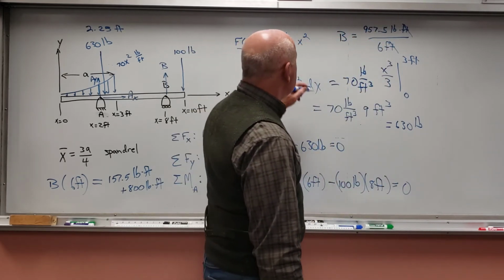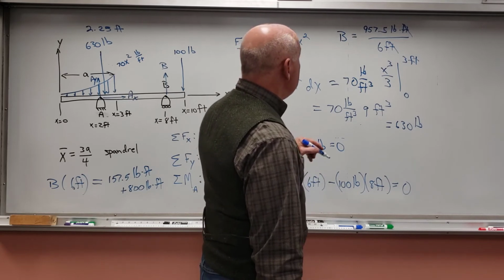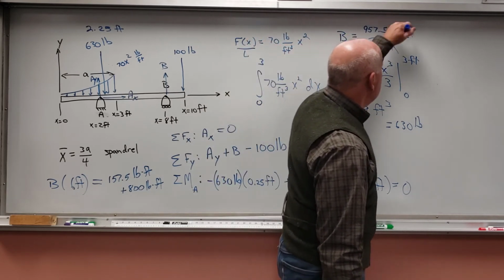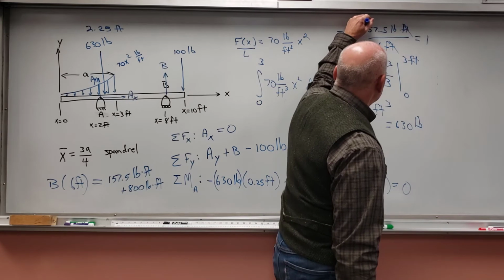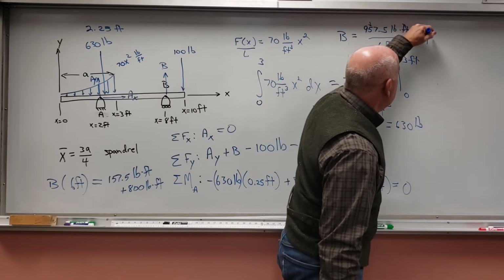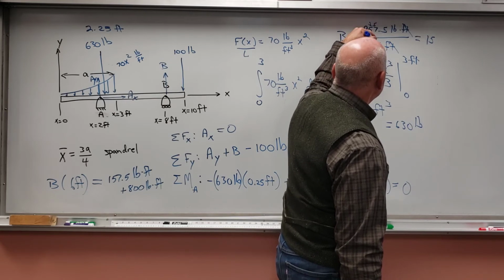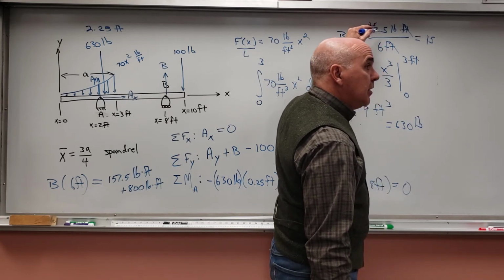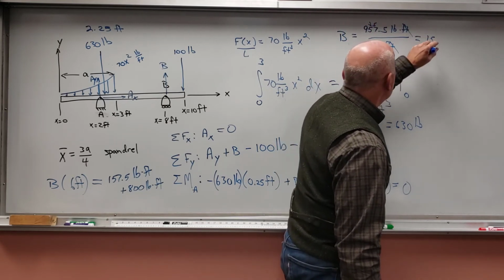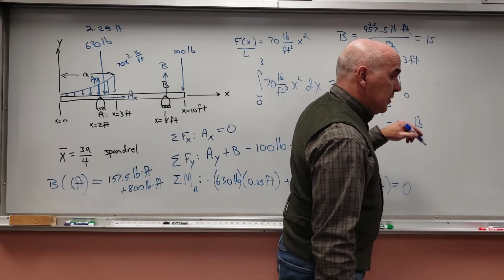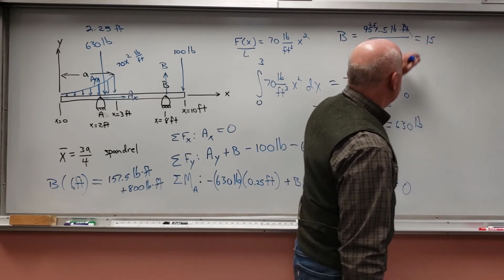Okay? And so, well, again, if I do that, 6 goes into 9 one time, leaves me with 3. 6 goes into 35 5 times. Leaves me with 5. 6 goes into 57 9 times.